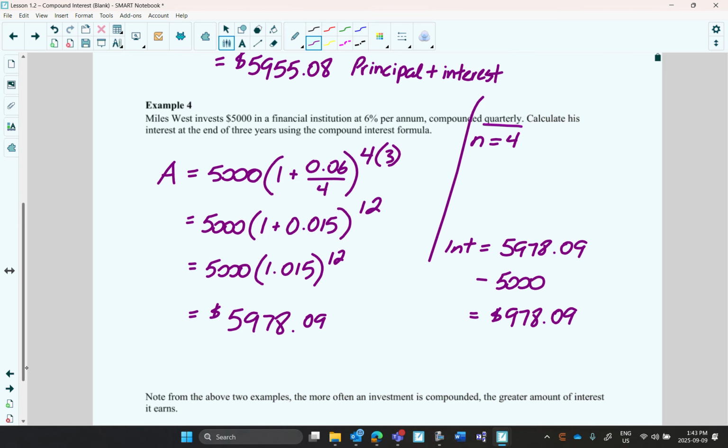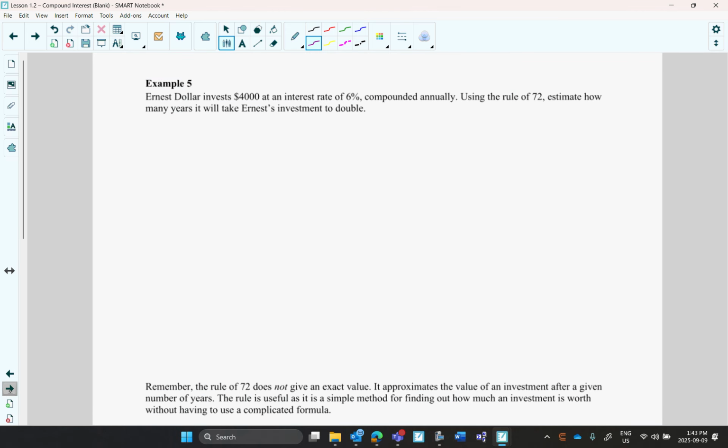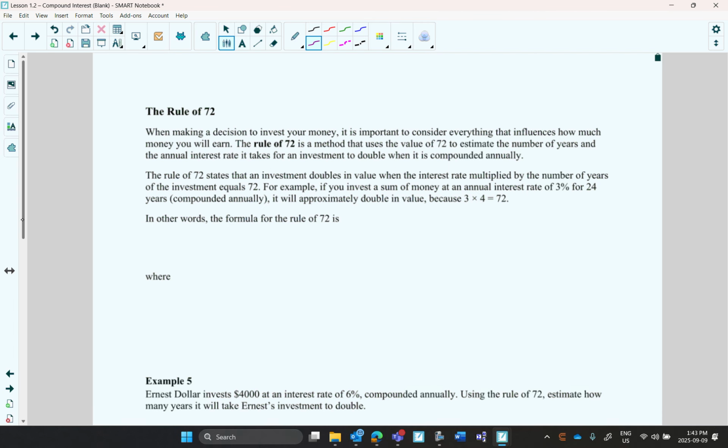Which is actually accurate, and it's based on something called the rule of 72.